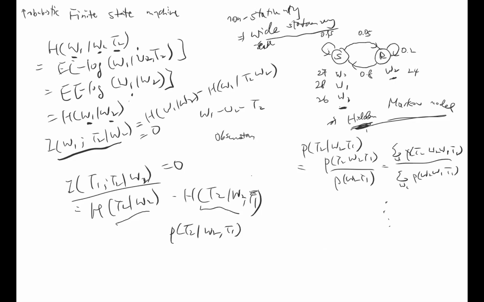When I split all these variables here, then something gets cancelled eventually. You will just get back P(T2 | W2), something like that. You can go back home and try to verify that. But you can take my word, just from the model itself, because you can verify that it's a Markov chain there, this will be equal to 0 actually.